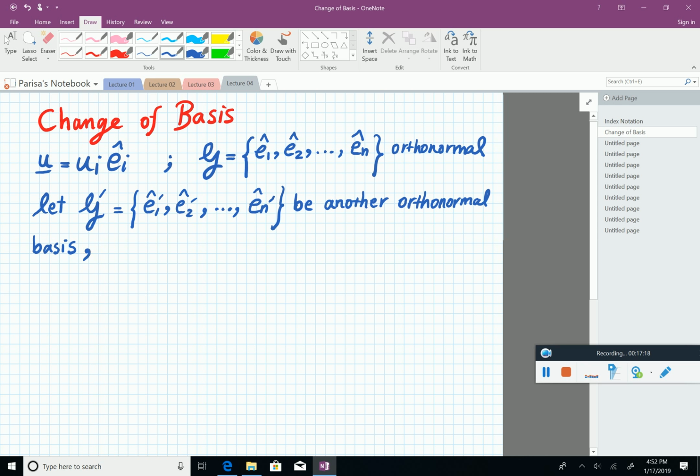So we learned that vectors stay the same. What changes when you go from one basis to the other are the components.